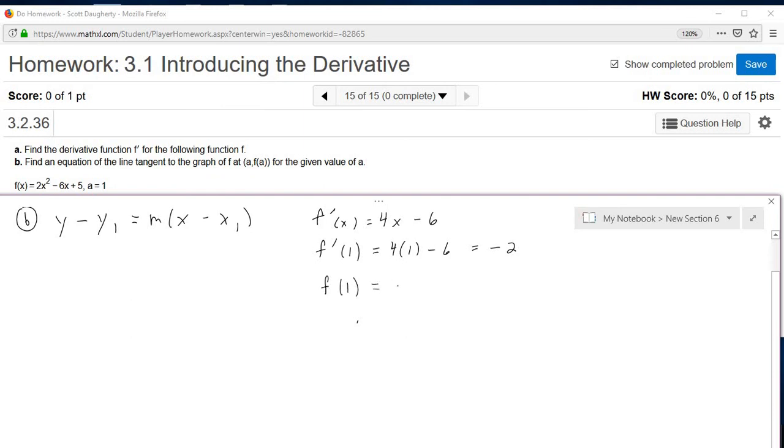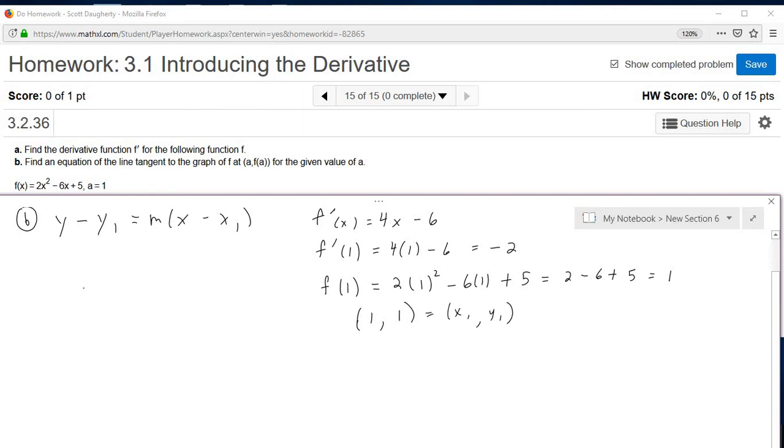And so when you plug a 1 into the function, you get 1 squared times 2 minus 6 times 1 plus 5. And that gives you 2 minus 6 plus 5, which is 1. So that's the point on the line that we know. When we plug a 1 in for x, we get a 1 out for y. That's your x1, y1.